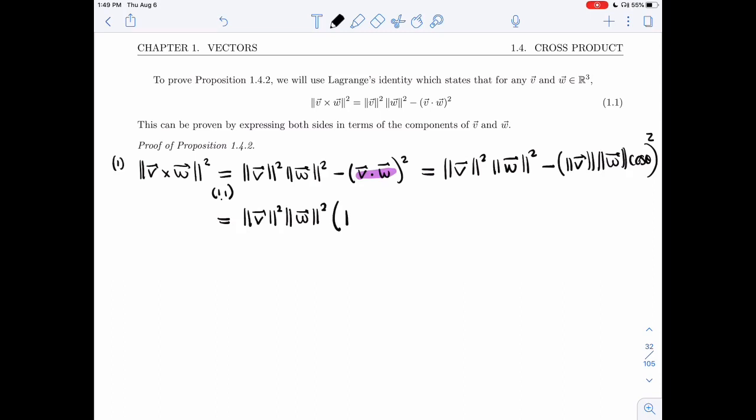From the first term, I have nothing left, so I end up with the 1. From the second, the only part that I haven't pulled out is the cosine, and so I'll get 1 minus cosine squared, and so that would give v squared, w squared, and 1 minus cosine squared, that's sine squared theta.